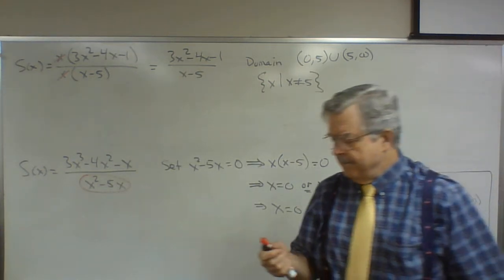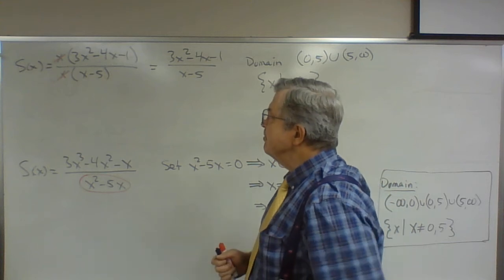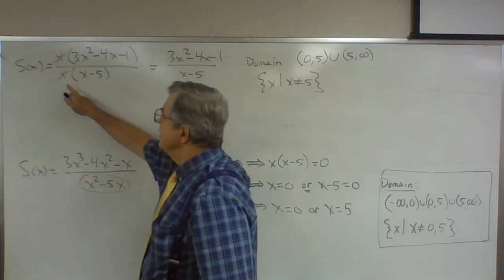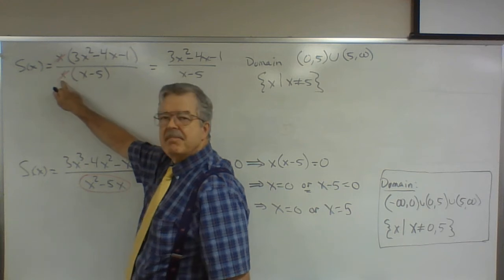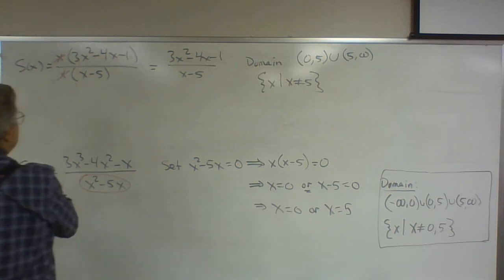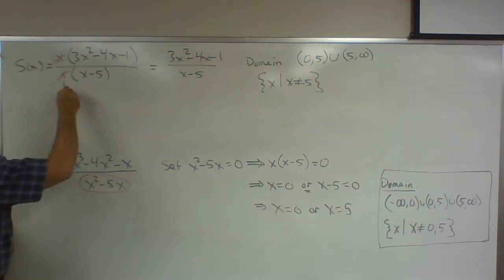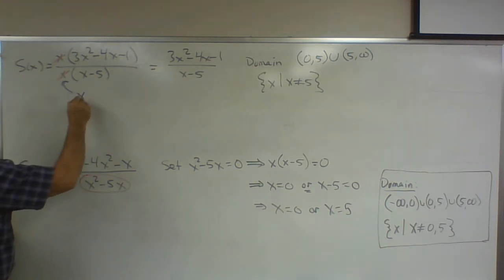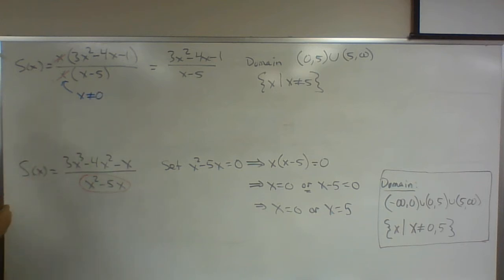And the answer is no. Part of the problem here is that when we divided top and bottom by x, we did this with the agreement that x can't be 0 because we can't divide by 0. So when we divided top and bottom by x, which is what we were doing when we canceled, we did that with the understanding that x is not equal to 0.